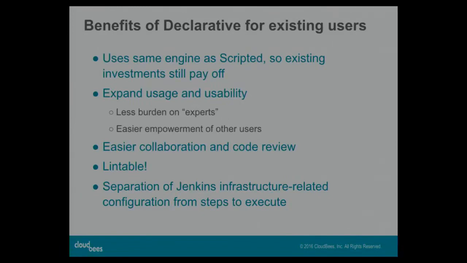That way you can more easily see, this is the stuff I need to change when I'm copying it over to a new master, or as an admin I can go change the label everywhere, but I don't have to worry about somewhere deep in the steps of this one build, maybe they do something different with it. We think that separation is going to lead to easier maintainability and easier scaling.